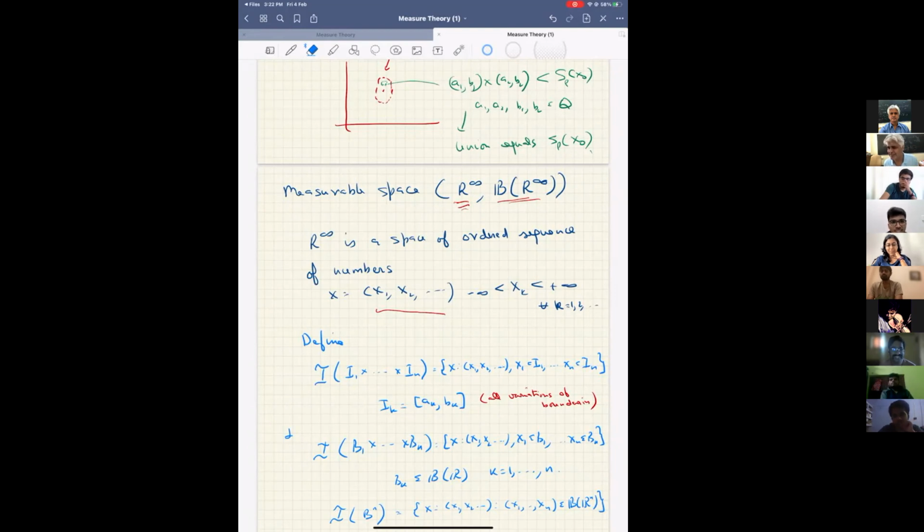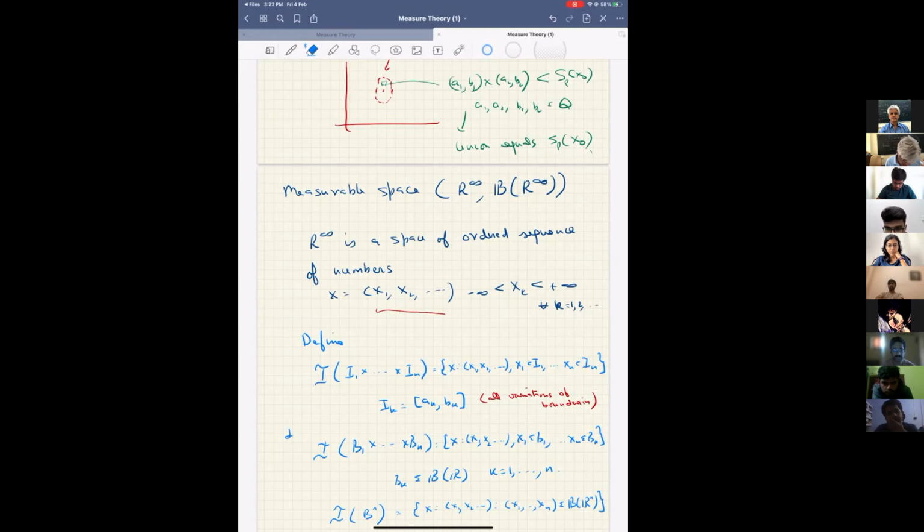Lots and lots of errors, but you know what he's trying to do. This is the book, Probability. But he does such a nice job of defining these spaces. So it's worth having this book just for that reason.